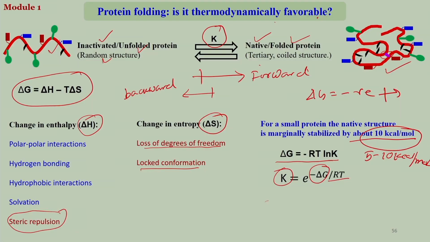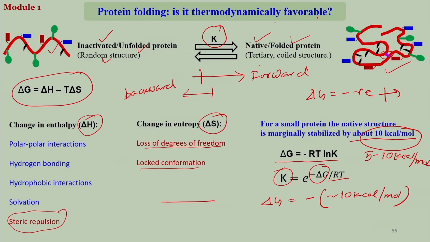So, delta G is minus around, I am taking just the value 10 kilocalorie per mole for the protein folding process, which is actually a very small quantity, a very small amount of change of energy between the unfolded and the folded structure, only 10 kilocalorie per mole.